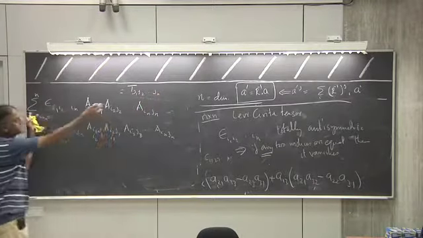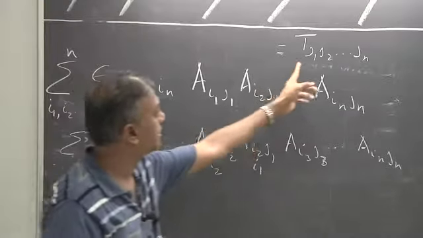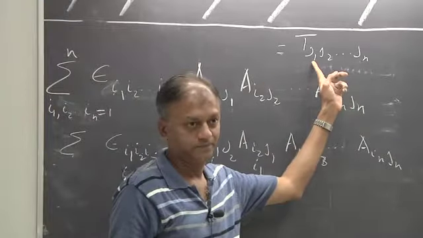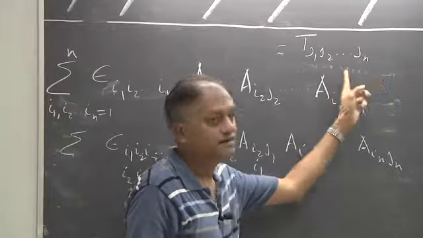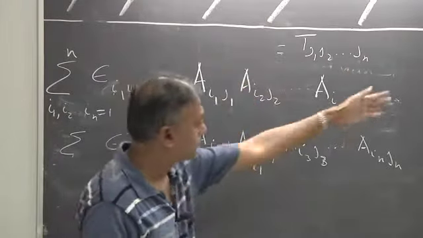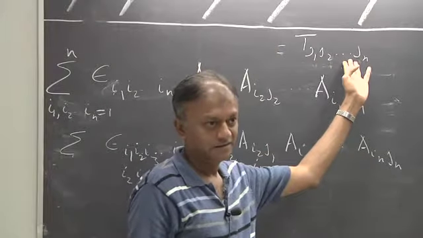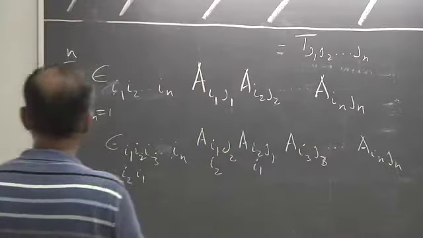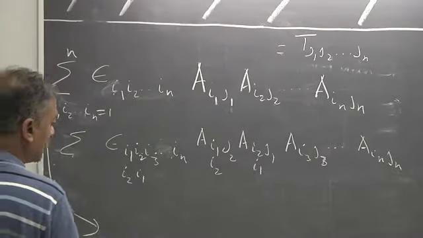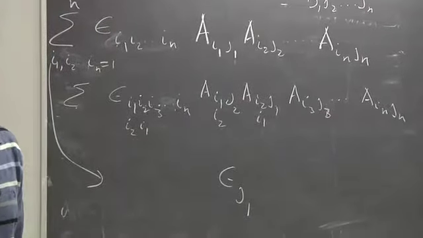It will depend on these indices. But this argument says that this tensor T is totally antisymmetric in these indices. So, from the previous discussion, this must be proportional to epsilon, and the proportionality constant is called the determinant of E.